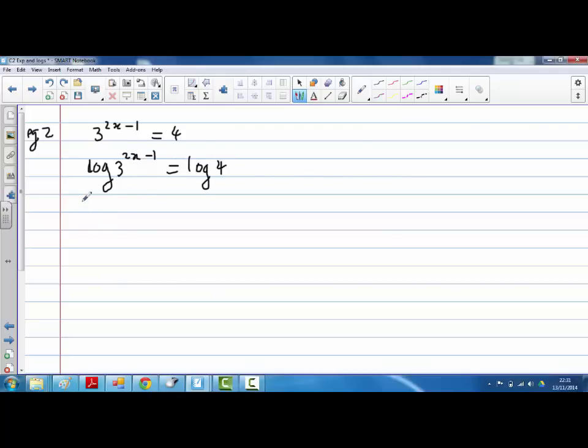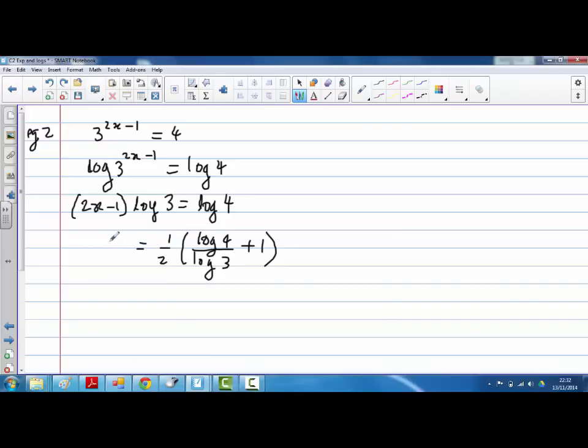The power comes down, so we've got 2x take away 1, log 3 equals log 4, and then it follows that we've got log 4 divided by the log of 3 equals 2x minus 1. So now I can just add the 1, and then that will give me 2x. So I can take the 2 over to the other side and get a half for my x value. Again, you can put that value in the calculator and work it out.